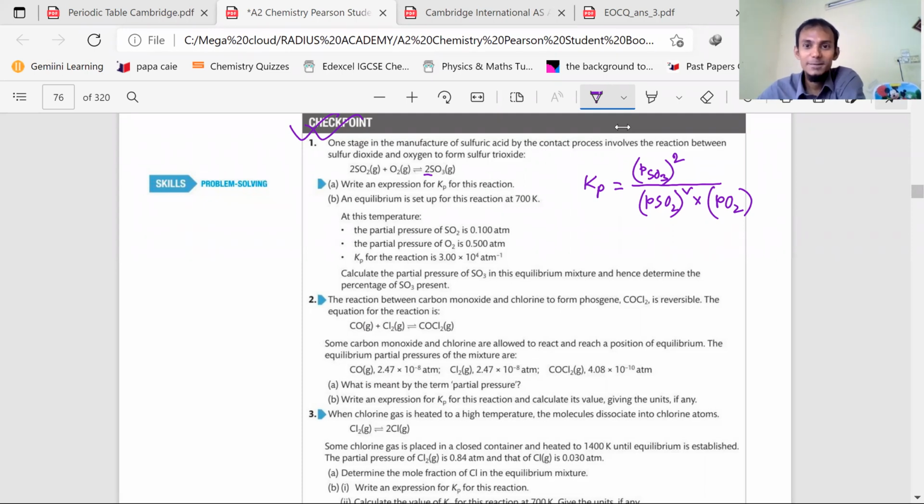Sorry. Okay, sir. হ্যাঁ আচ্ছা, এরপর দেখো নাম্বার বি, the equilibrium is set up for this reaction at 700 Kelvin.